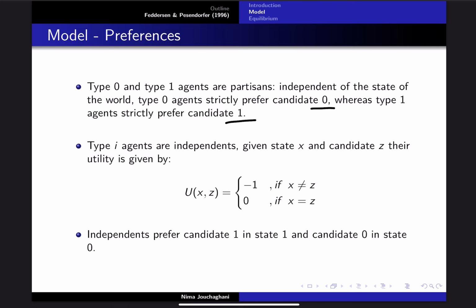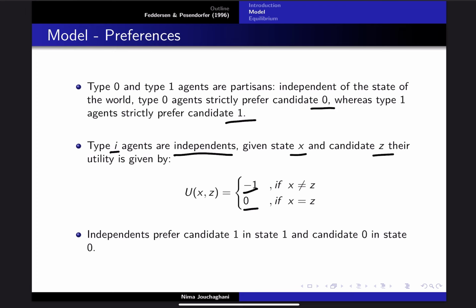Then type I agents are so-called independents, and their utility is state dependent. Given a state and a candidate, the utility is the following. The utility is -1 if the value of the candidate is unequal to the state, and the utility is 0 if the candidate and the state are aligned.